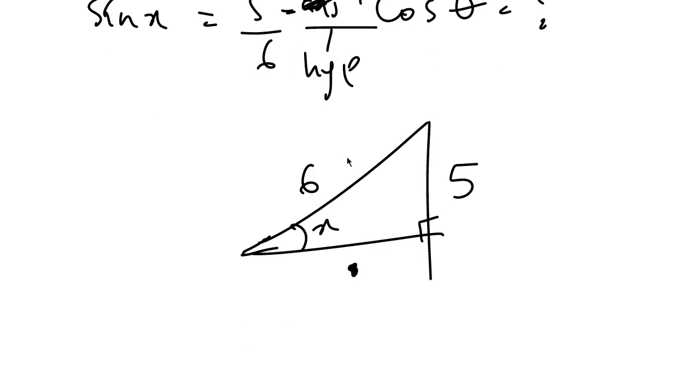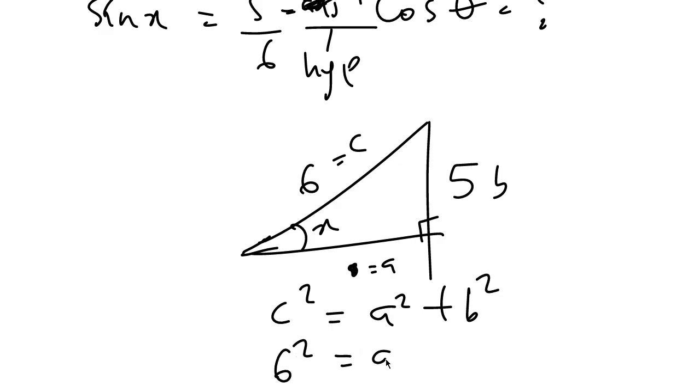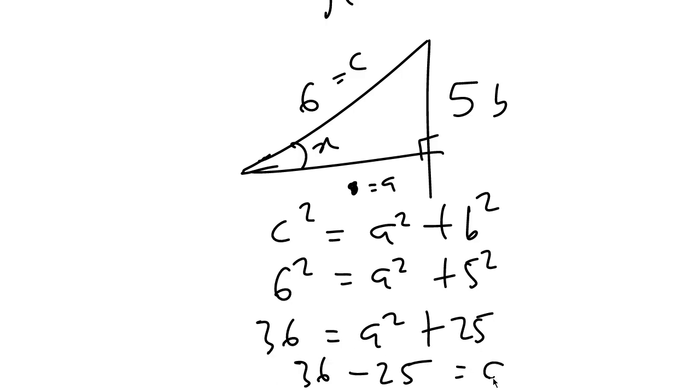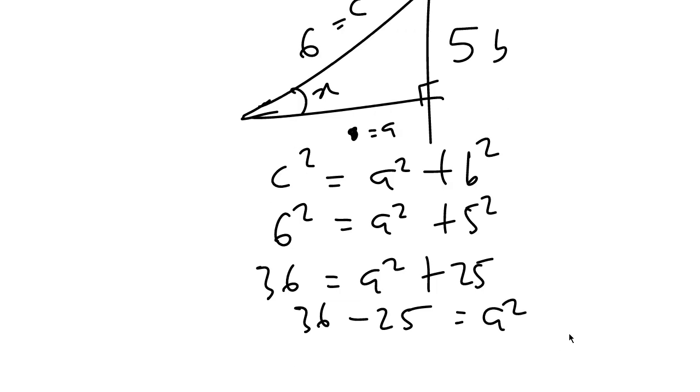So using Pythagoras theorem, taking here as c, here as a, and here as b, c squared is equal to a squared plus b squared. So 6 squared is equal to a squared plus 5 squared, right? That's 36 is equal to a squared plus 25, and 36 minus 25 is equal to a squared. That means a squared is equal to 11, so a is equal to the square root of 11.